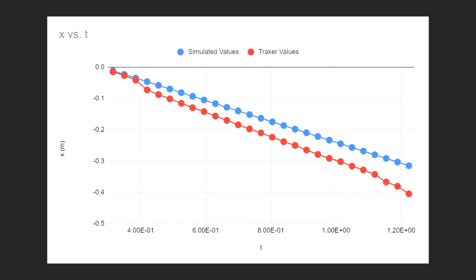We can see the tracker values in red start to lose a little bit of distance, or deviate from the simulated values, especially when we get to the very end, where it starts dropping off.